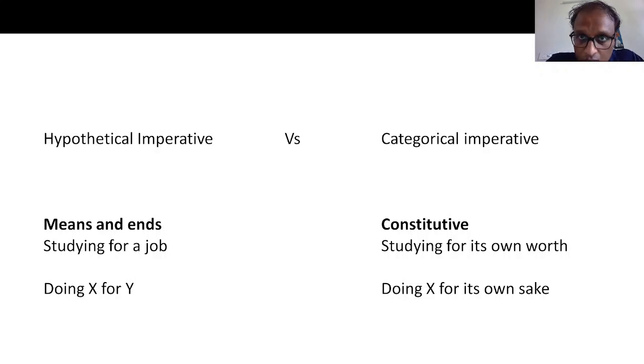We do it for its own worth, not for something else. This might have already rung bells about Eastern traditions, because in Eastern traditions also we have similar schools where they say we do something for its own sake, not for something else. So I have paraphrased it this way: doing X for Y is a hypothetical imperative, whereas doing X for X, or X for its own sake, its own value, is a categorical imperative.